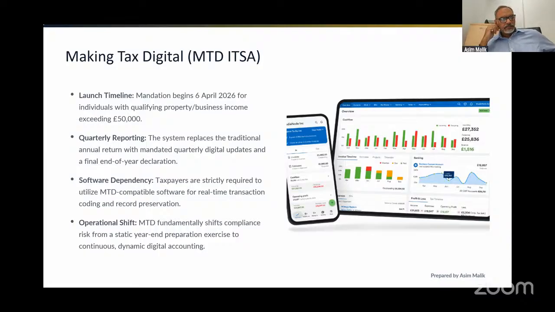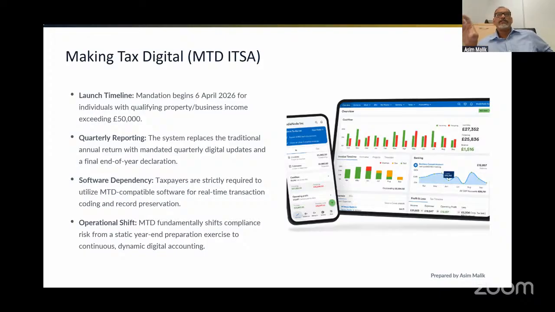Now, why they're doing MTD is a long debate, but basically HMRC wanted two things. One is to get information as soon as possible from the taxpayer so that they can plan ahead, and also to improve record keeping. As I mentioned previously, our transactions are coded in real time as soon as they go into the software.